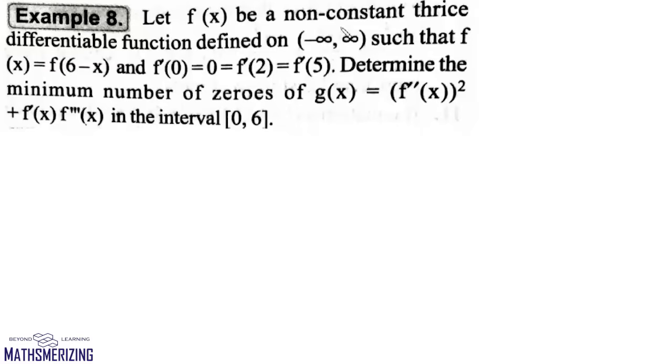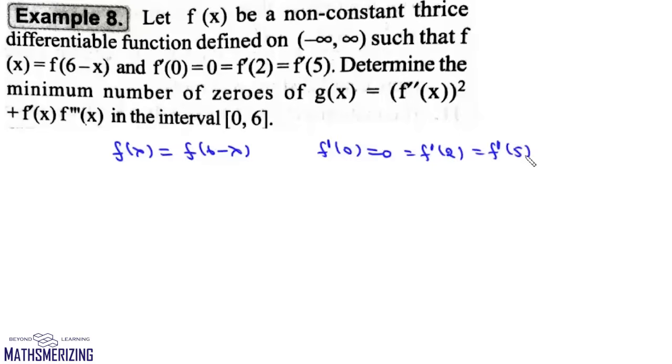Now here the question is, let f(x) be a non-constant thrice differentiable function such that f(x) equals f(6 minus x), and it is given that f'(0) is 0, f'(2) is 0, and f'(5) is also 0. Now determine the minimum number of zeros of g(x), which is (f''(x))² plus f'(x) into f'''(x).